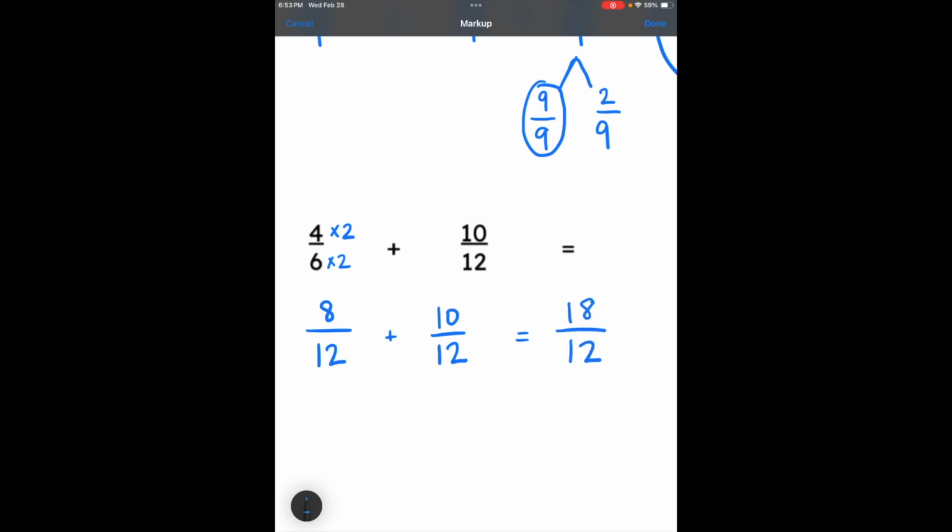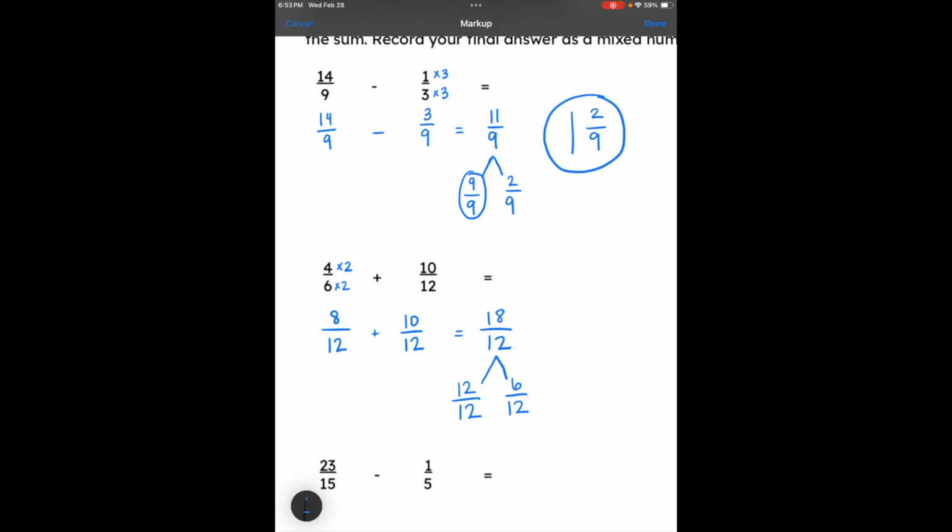I'm going to get 18/12, and now it's time to decompose. Pull out your whole, leaving this fraction left over. So we've got a whole and 6/12.